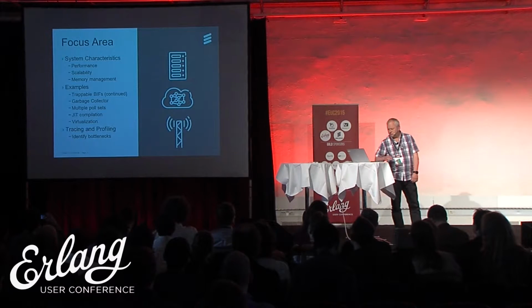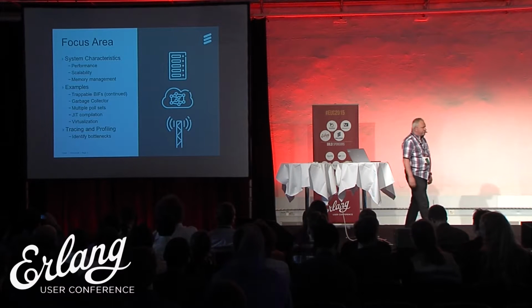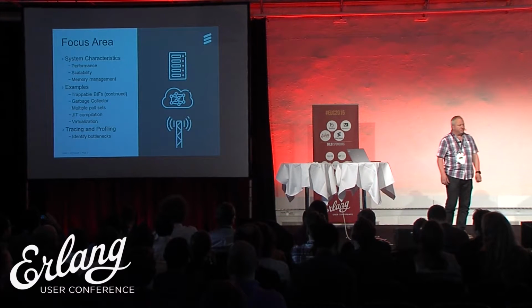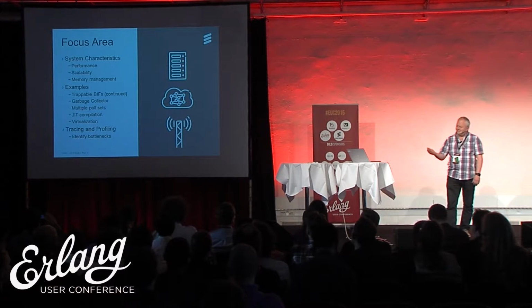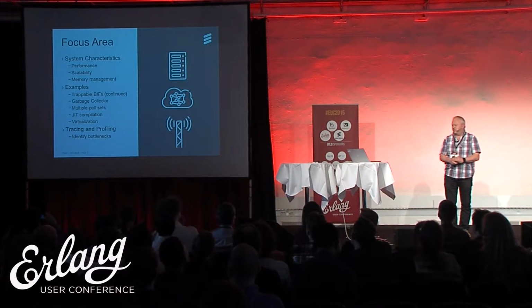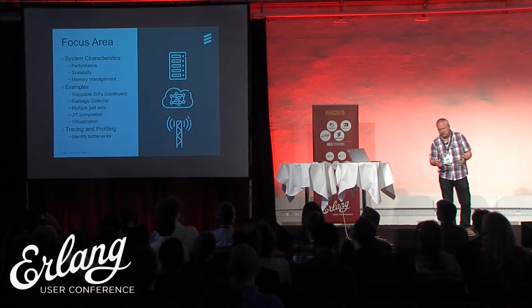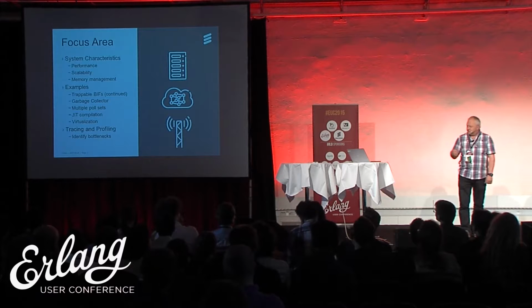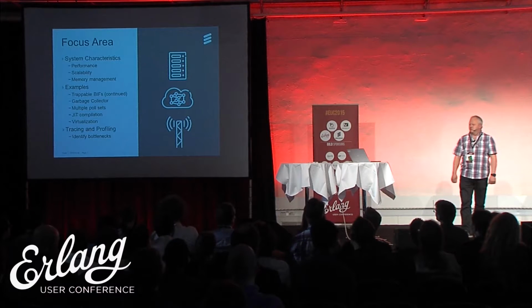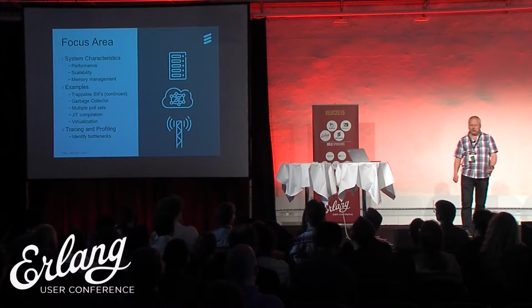Now about what we are focusing on at Ericsson for Erlang OTP. We are focusing on general system characteristics. We get new requirements from our customers all the time. It's generally about performance, scalability, and memory footprint.